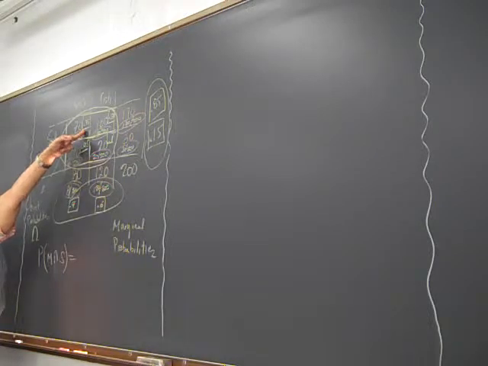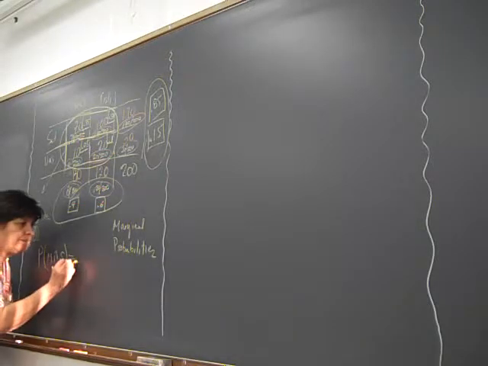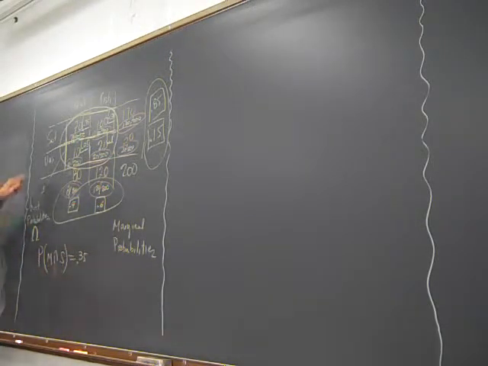If I pick one customer randomly, what is the probability that that customer ate meat and was satisfied? 0.35, right? So the joint probabilities are the intersection probabilities.